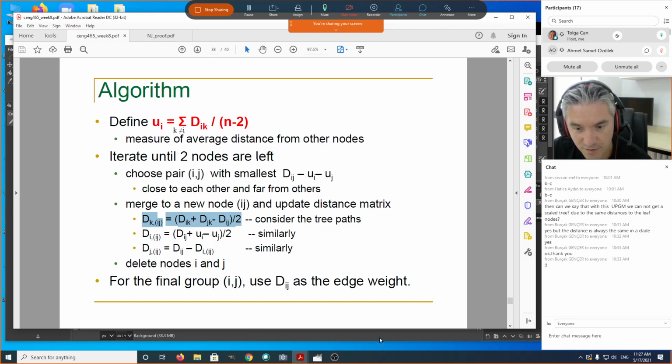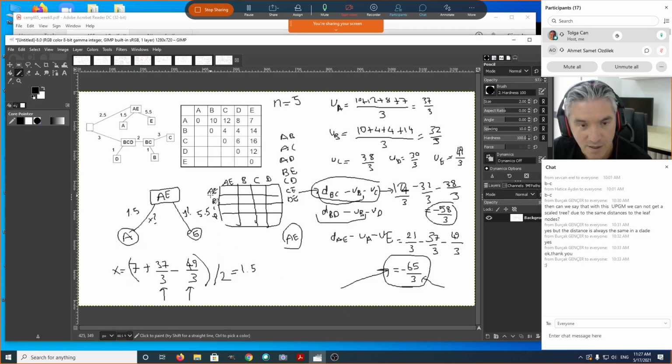So it's basically the distance of A to B plus the distance of E to B minus the distance between A and E, divided by 2.